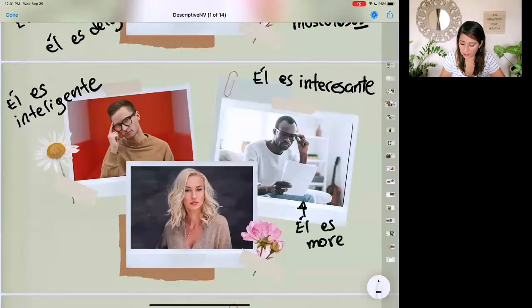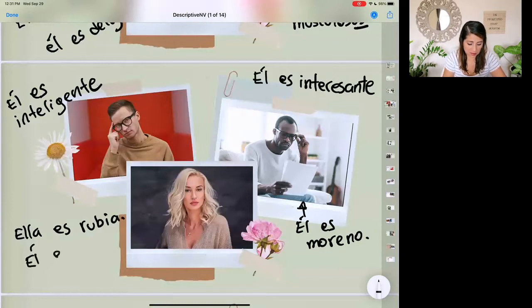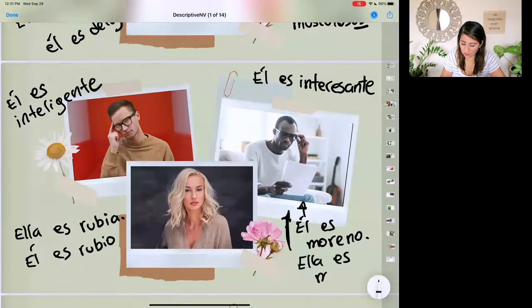If somebody has blonde hair, like this girl here, we would say ella es rubia. She's blonde. Or if it's a male, we would say él es rubio. If it was a female here, for darker skin, darker hair, we would say ella es morena.